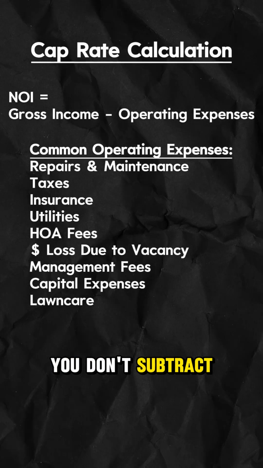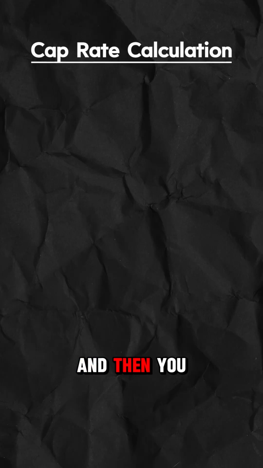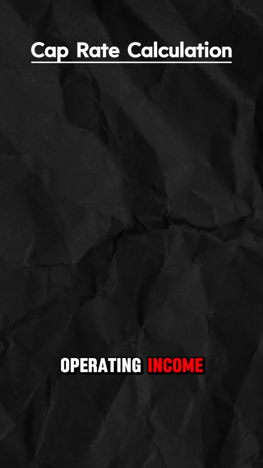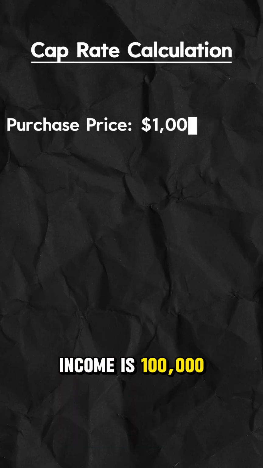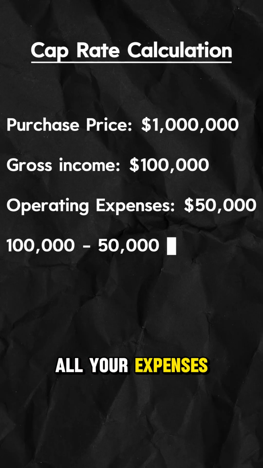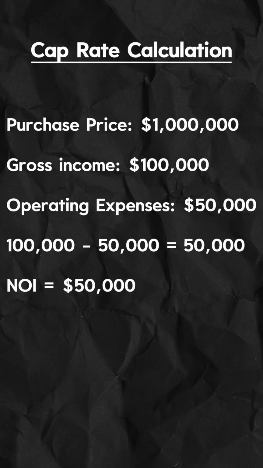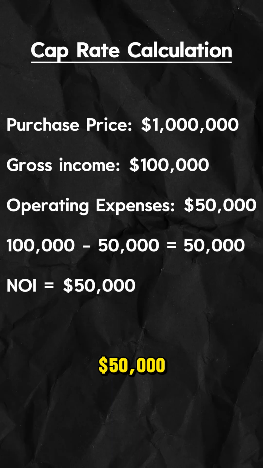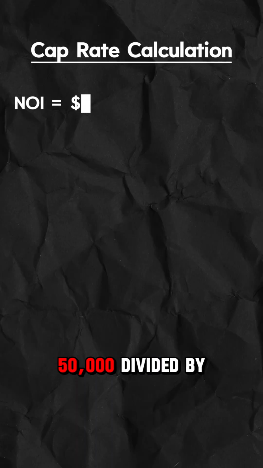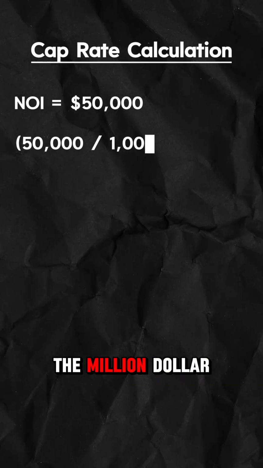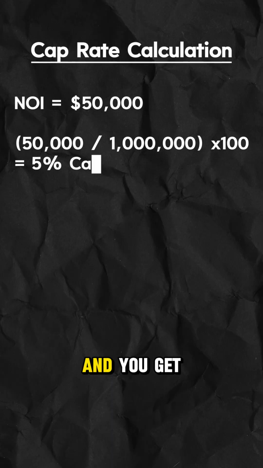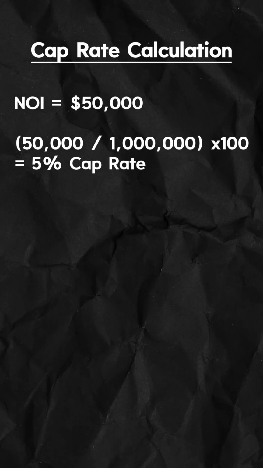You don't subtract any mortgage payments, and then you get your net operating income. So let's say your gross income is 100,000, all your expenses are 50,000 for the year, then your net operating income is $50,000. You take that $50,000 divided by the $1 million purchase price, and you get 5%. So you have a 5% cap rate for that property.